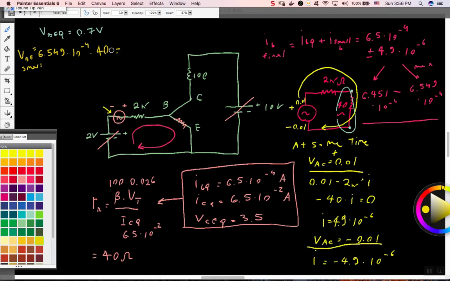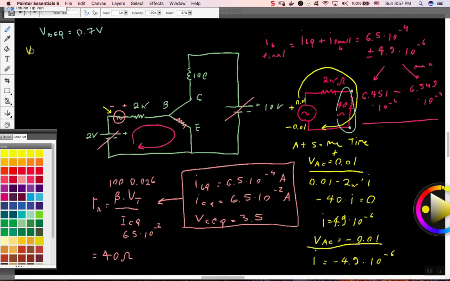Oh, I have to be very careful. I erased too much, okay, fine. Of course, we don't take the large signal, we take the small signal.